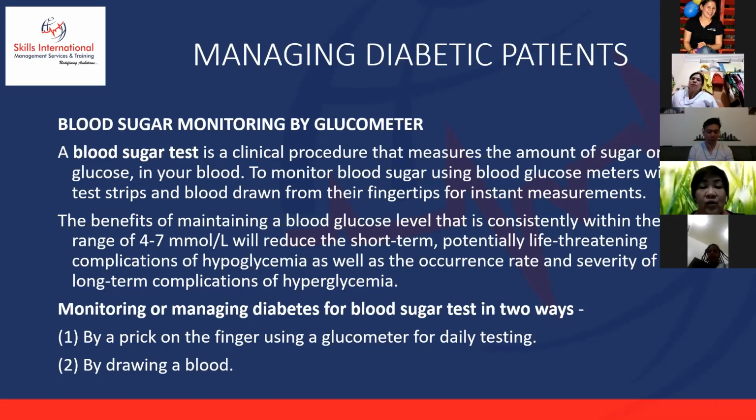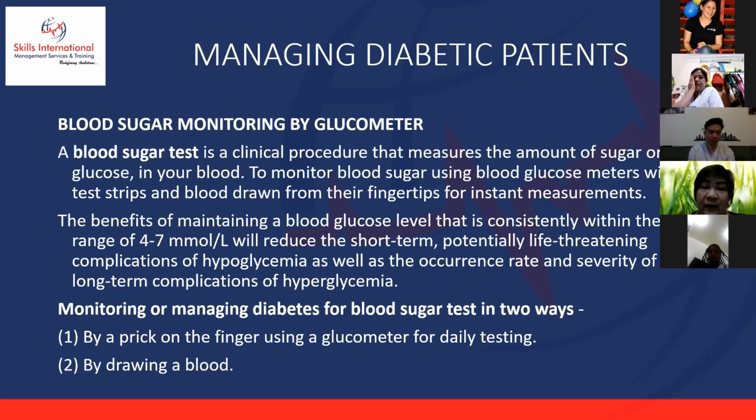To monitor blood sugar, we use a blood glucose meter, glucometer, the blood sugar machine with test strips and blood drawn from the fingers for instant measurement. Okay, so this is what we are going to do.